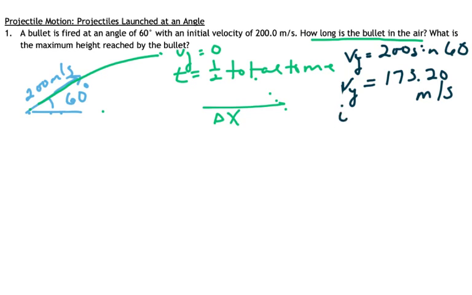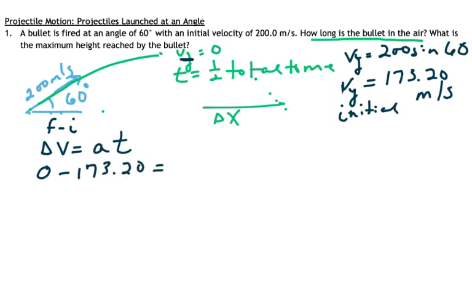Since we know our initial velocity and we know our final velocity for 1/2 of the time, we can use change of velocity is equal to the acceleration times the time. Delta anything is always final minus initial. So our final is 0 minus our initial, which is 173.20, is equal to the acceleration from gravity, which equals negative 9.8 meters per second squared, times time.